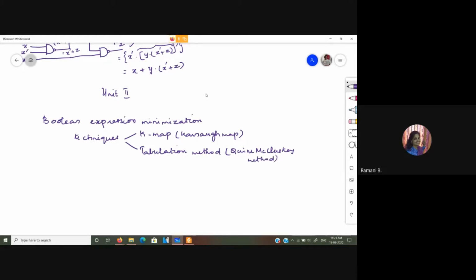Okay, so with K-map method, the first thing you need to understand is this is a pictorial representation of the truth table. And with any expression, the truth table may be unique.